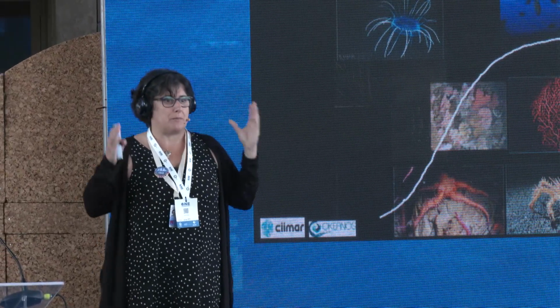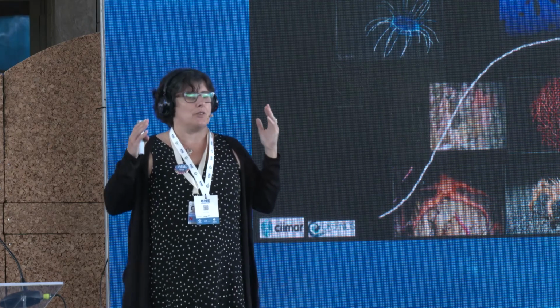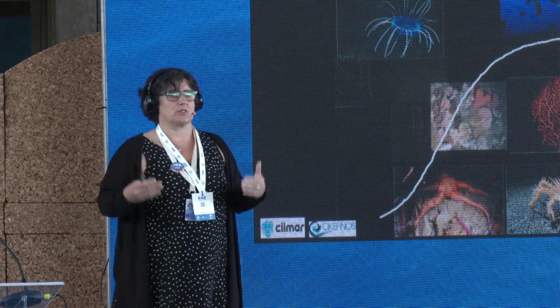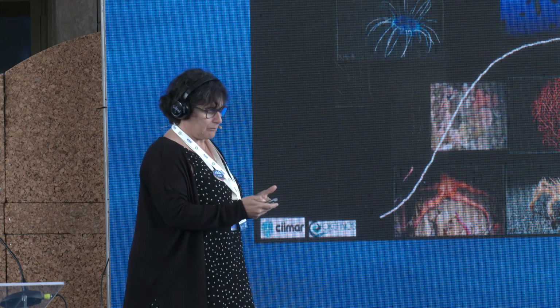So the Azores is a hotspot for birds, for marine mammals, sea turtles, but it's because we have all of this productivity there. If we remove all of this, it means that all of this charismatic fauna will also start disappearing. We start not being a hotspot.